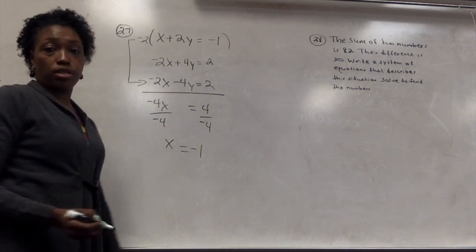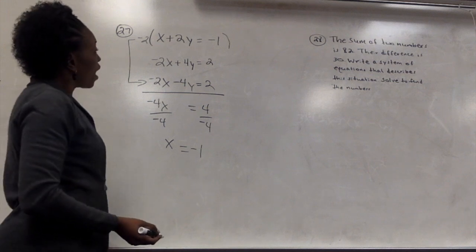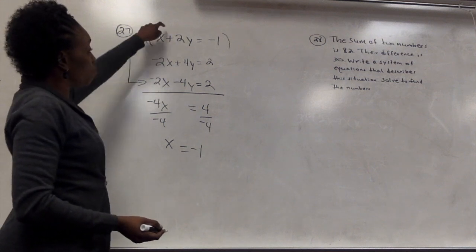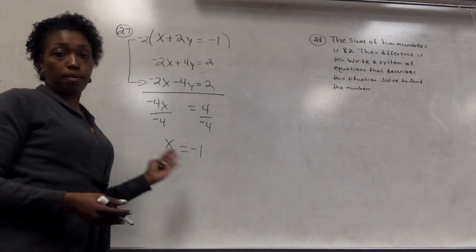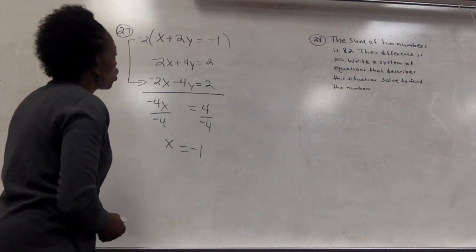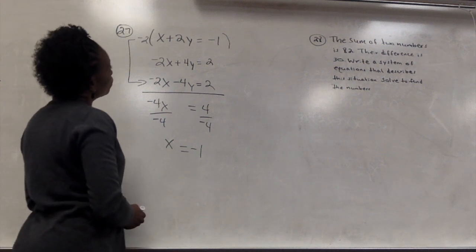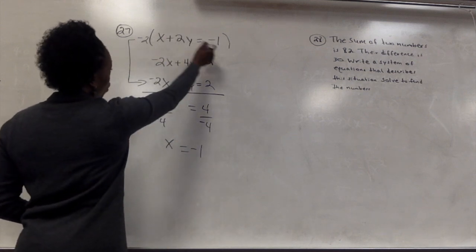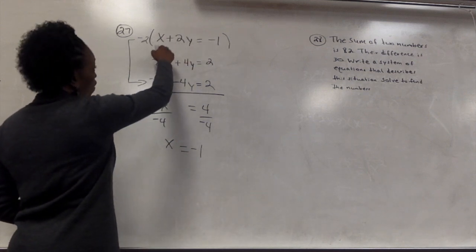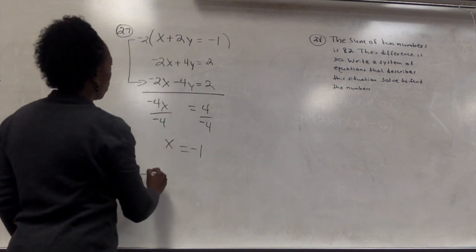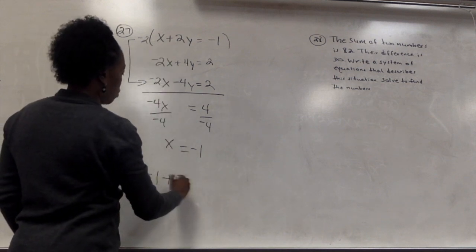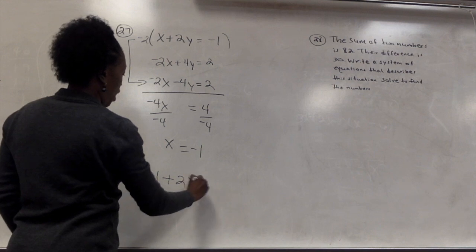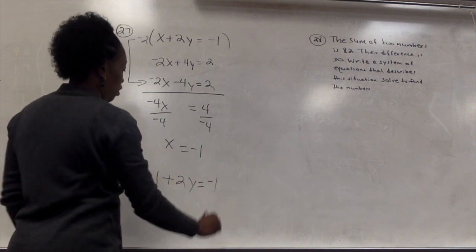Now, in order for me to solve for my y, I can choose either one of the original equations and just plug my x back in place. So I'm going to take this original equation here, and in place of my x, I'm going to put negative 1 plus 2y equals negative 1.